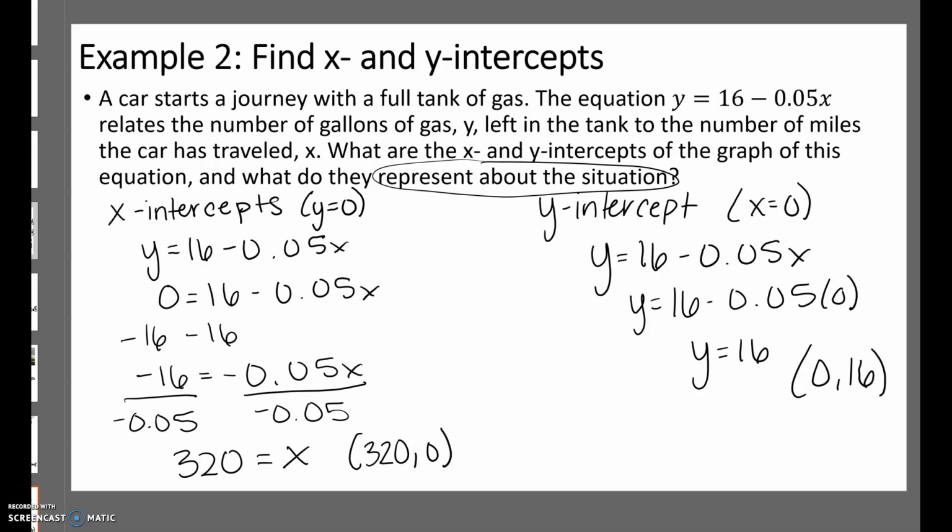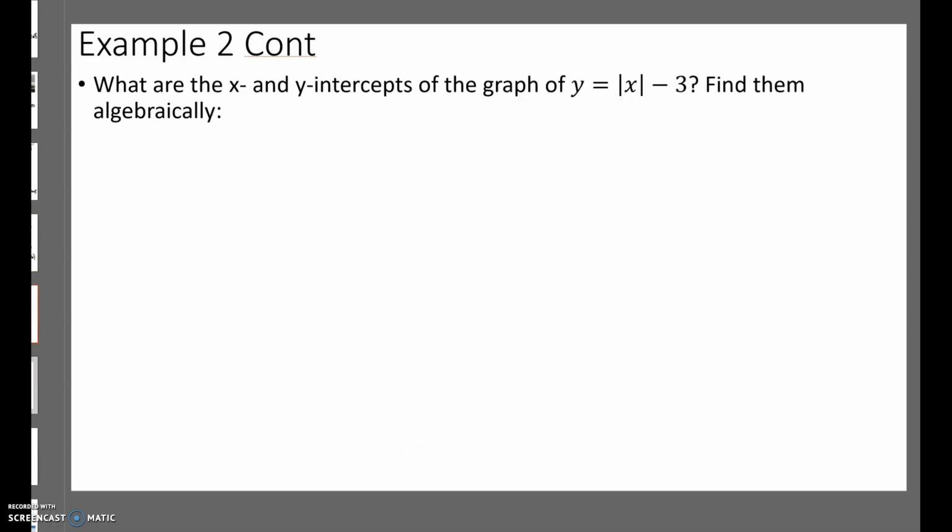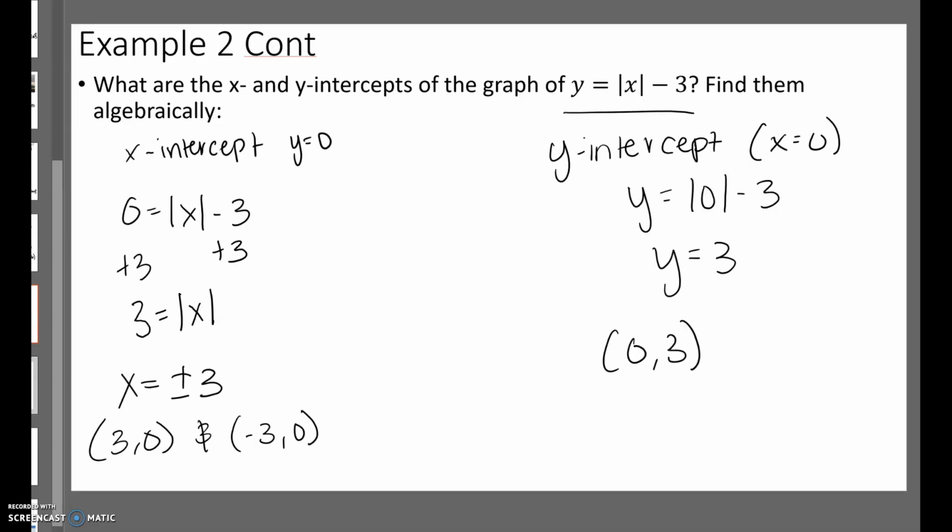Then at 0 miles, we'll have 16 gallons. After 320 miles, we'll have 0 gallons. Go ahead and try and find the x-intercepts of this equation right here. And here is the key for that.